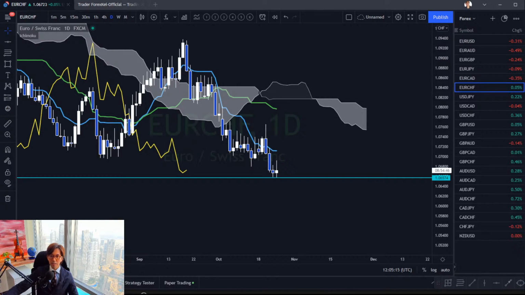Yeah, let's see. Movie Hero says, "In the daily chart, price is in between Kijun-sen and Tenkan-sen. How do you predict that the market is going to be a downtrend?" Okay, if on the daily chart price is in between Kijun-sen and Tenkan-sen, then it's still bearish.